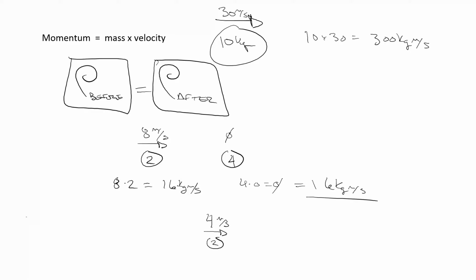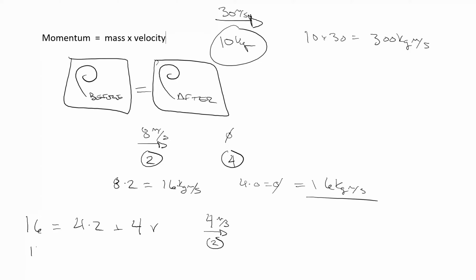So over here I started with 16, which had to be my total momentum afterwards. And here I'm using up 4 times 2. It's going to be 8 of my momentums. So that means my other object has to have a velocity equal to that.